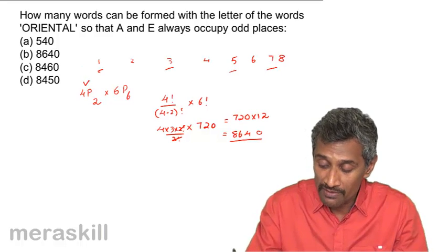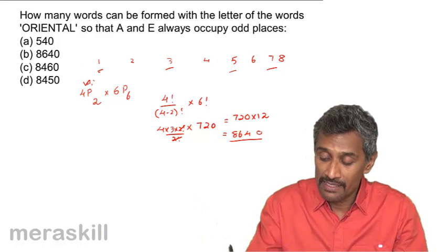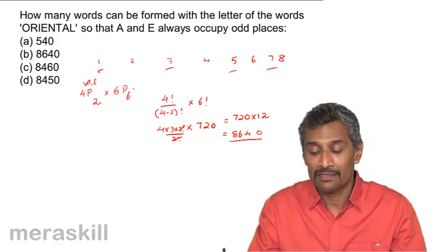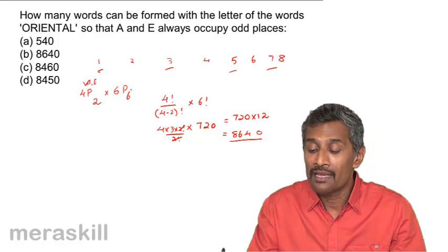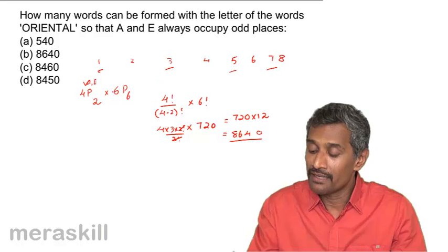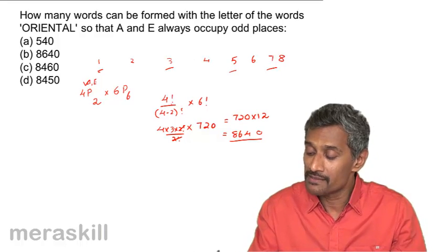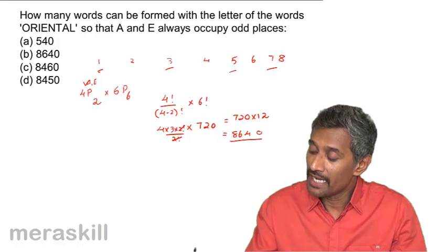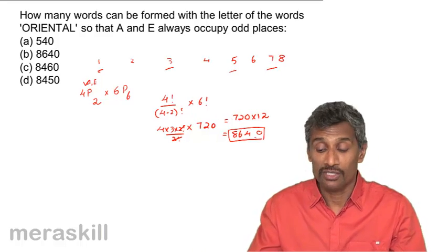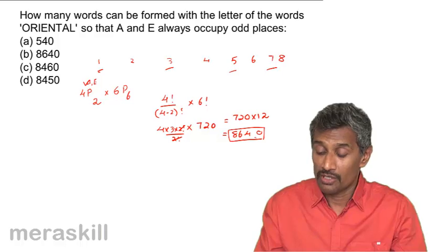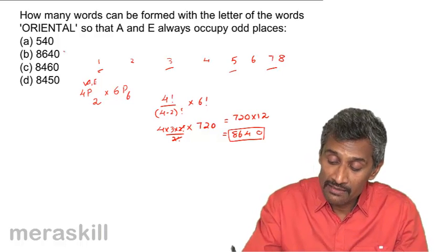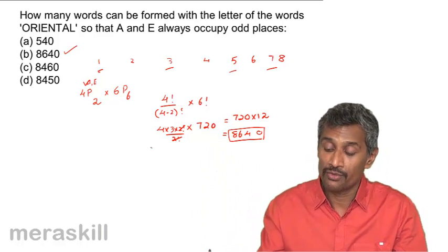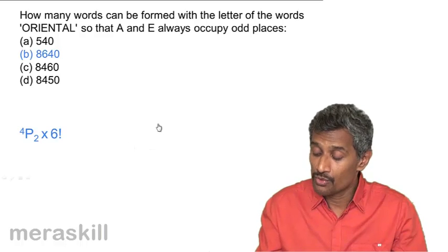This is for the vowels A and E. And the remaining letters, that is O, R, I, N, T, L, will occupy the remaining 6 places in 6 factorial ways. So it's going to be 8640 ways in which you can organize it. So our correct answer is going to be 8640. And yes, we do have it that way.